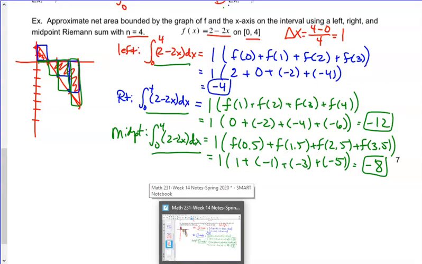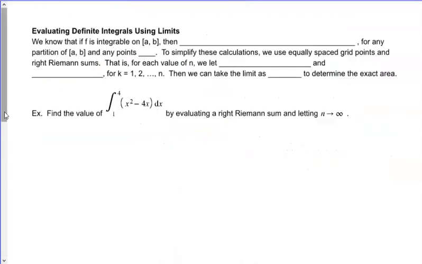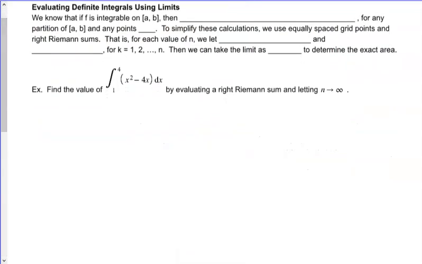And here comes the culmination of this section, which gets us to our exact area for our definite integral.